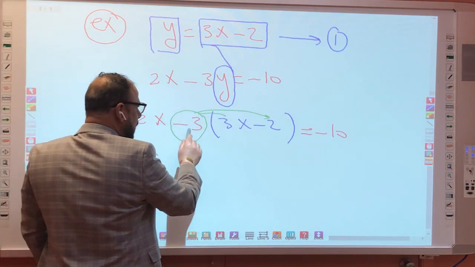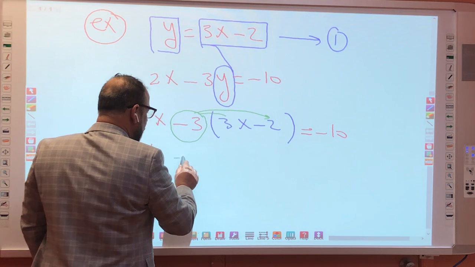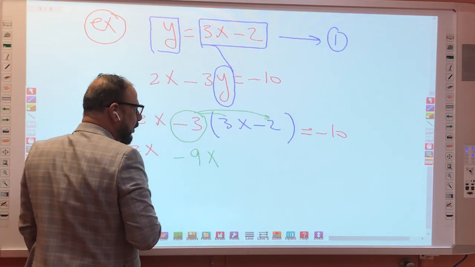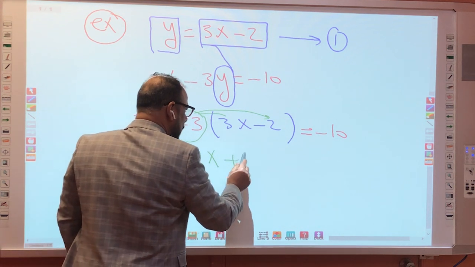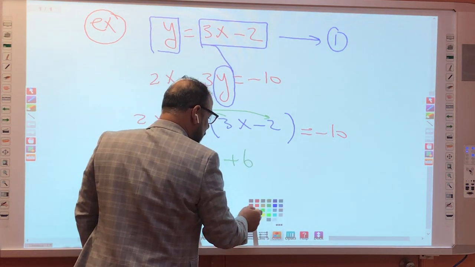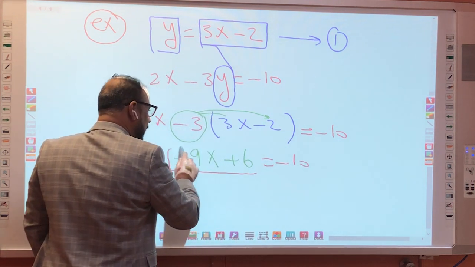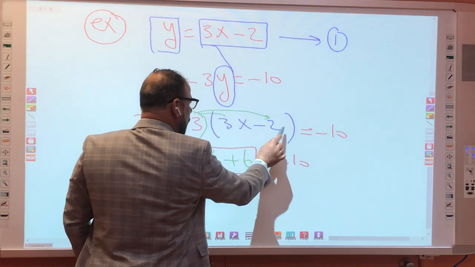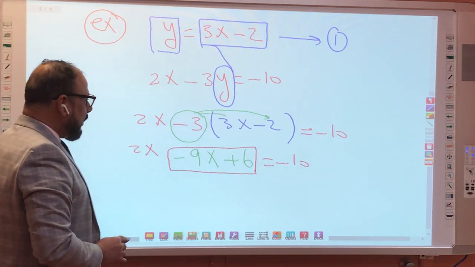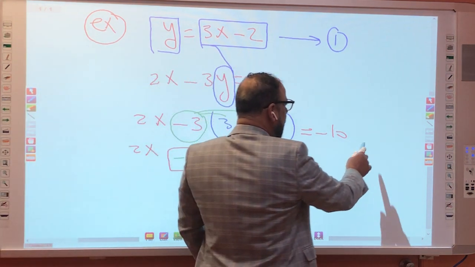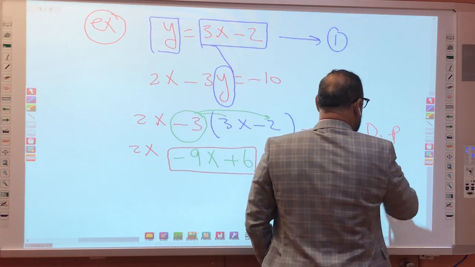Let us multiply. -3 times 3x is -9x, because negative times negative is positive. 3 times 2 is 6. And this equals -10. I left this in green to show you that this is the result of the distributive property for this parenthesis. Let us call it DP, distributive property.